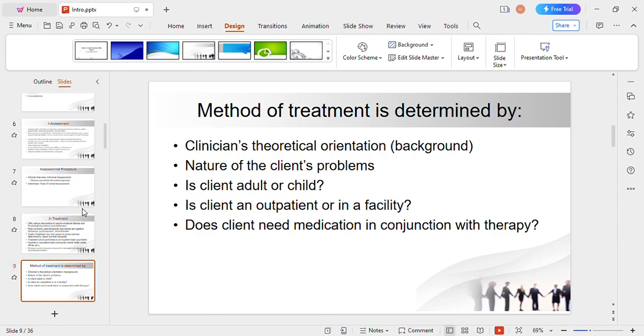Apart from this, is the client an adult or a child? For both children and adults, there are different sets of therapy. Furthermore, if a client is an outpatient or in a facility, different sets of intervention can be provided. Does the client need medication? Yes, it is important.